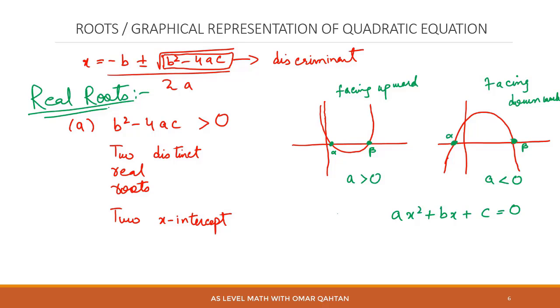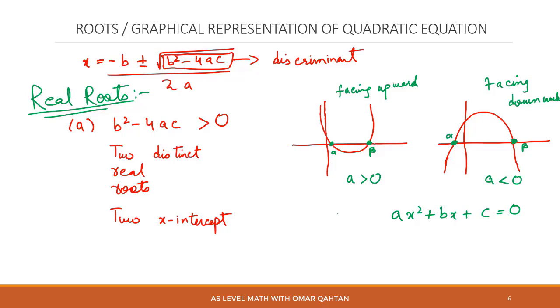If you substitute the values of a, b and c from the equation into the discriminant b square minus 4ac, and your answer is greater than 0, then this equation will give you two distinct real roots, and definitely you would have two x-intercepts that you could see here, that is alpha and beta.